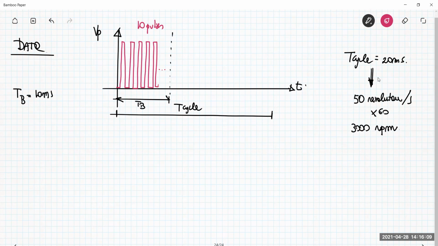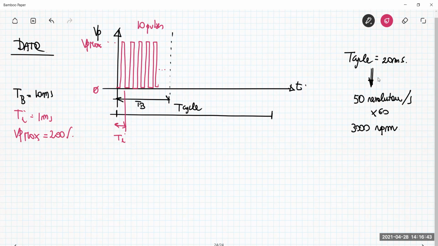So the period of each pulse, let me call Ti, is exactly 1 millisecond. So the voltage here ranges from 0 to Vp max. And Vp max is 200 volts.